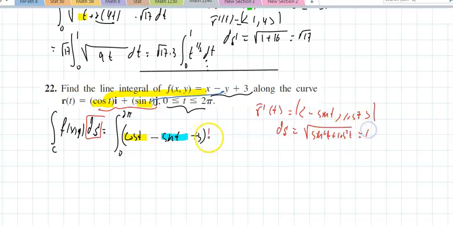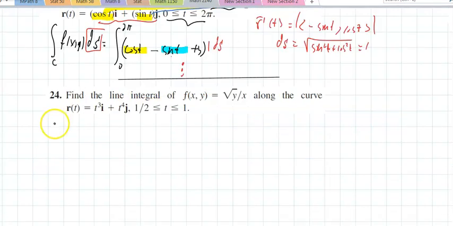And that's nothing other than 1 ds. And we know how to integrate that, right? That's the sine, that's the cosine plus 3, and you proceed. And 24, the same deal. If I take f of x, y, ds, that is the integral. And again, they gave us the limits from 1/2 to 1.